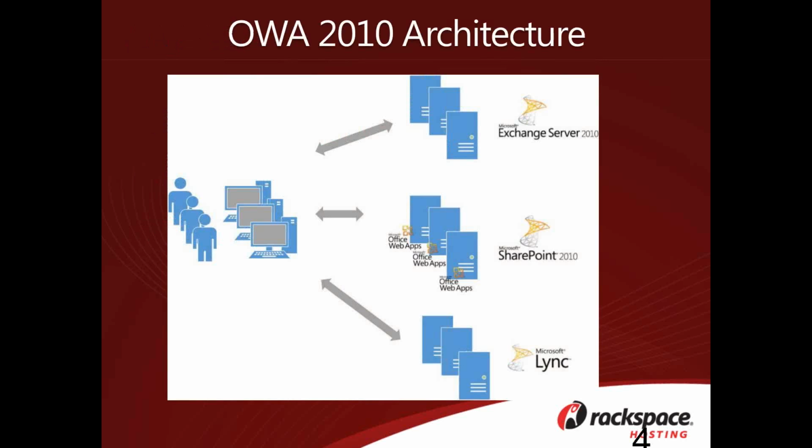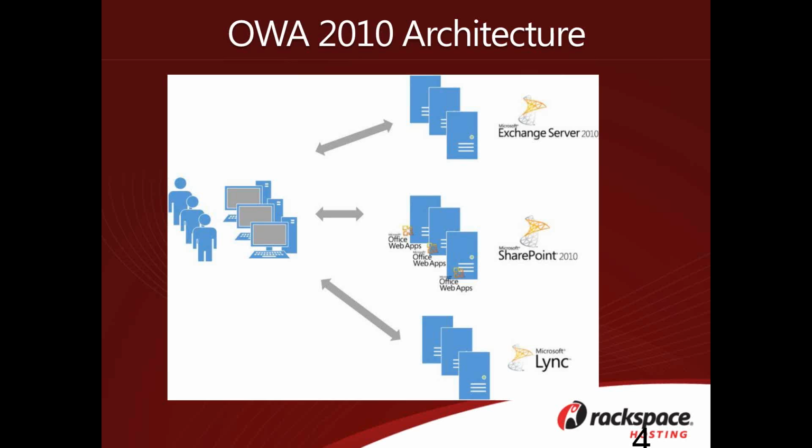So the Office Web Applications 2010 architecture, as I'm sure you're familiar with, looks something like this. You had a bunch of users. Your SharePoint farm might have been one server. It might have been 20 servers. But basically, you could install the Office Web Applications components and run them on one server in your farm, or run them on multiple servers in your farm for redundancy.